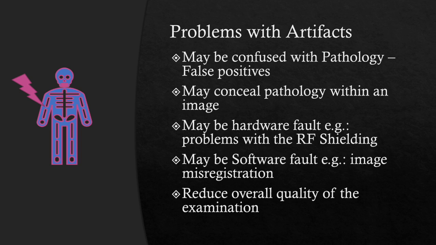It may indicate a problem with hardware, such as a fault with the RF shielding, or a software fault, a problem with misregistration, or a fault within your equipment. And finally, it can reduce the overall quality of the examination. It is important to be aware of these artefacts when they appear and how we eliminate them. And it's also important that sometimes we have to accept them as a known limitation of interpretation.